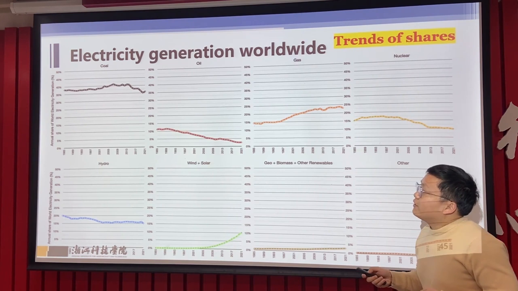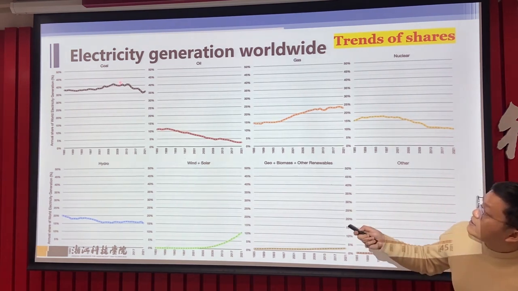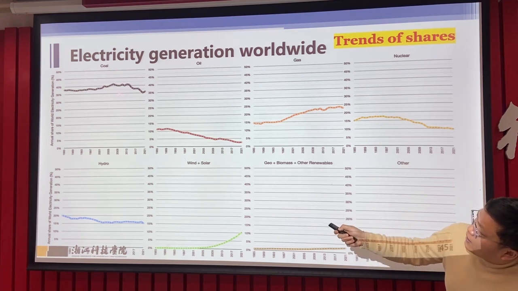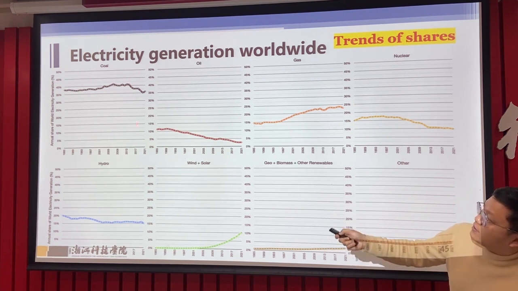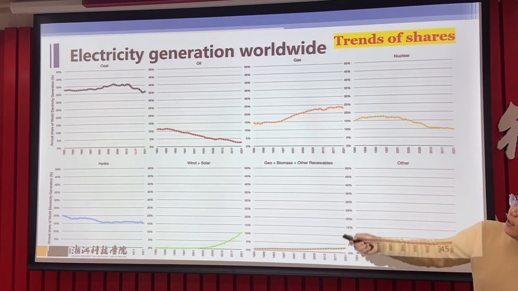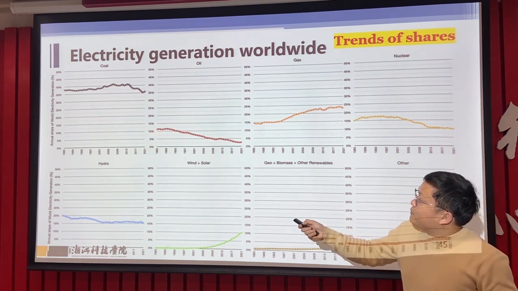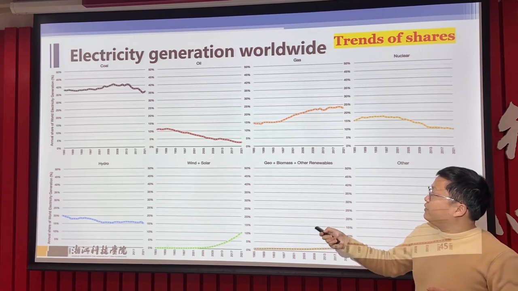And for specific fuels, we can see the share of coal declined gradually in the past 10 years. For oil, it declined from 10% to less than 5% in the past 30 or 40 years.